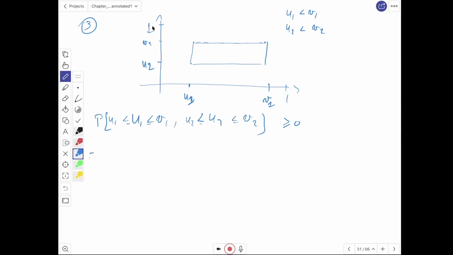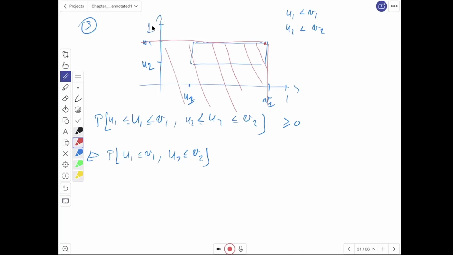You can write this probability as, you can first look at the probability U1 smaller than V1, U2 smaller than V2, right? So here is V1, V2. If you look at that first probability, it's all this probability, right? We are looking for the probability that you are inside the box. So let's subtract the parts that we have extra.